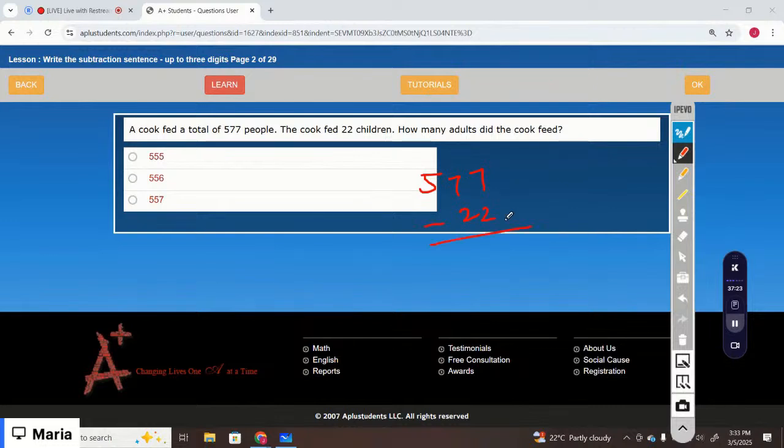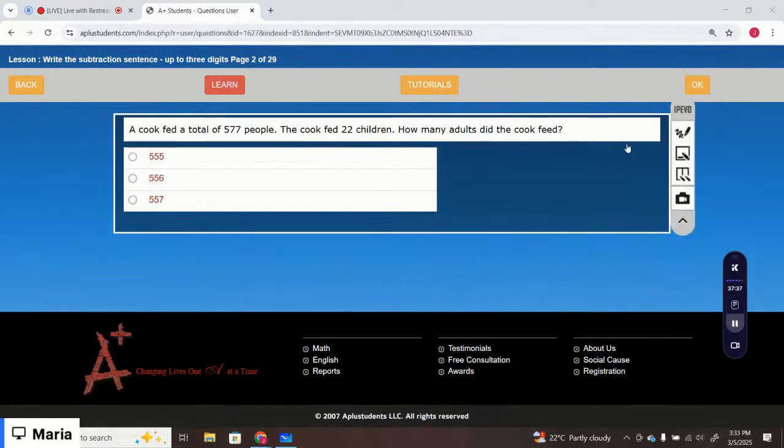So just subtract the children. 7 take away 2 is 5. 7 take away 2 is 5. So that means he fed 555 adults. Option number 1 is the correct option.